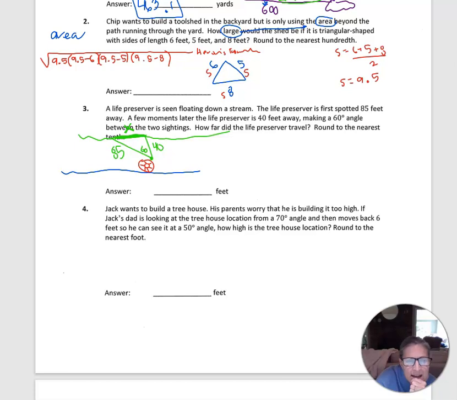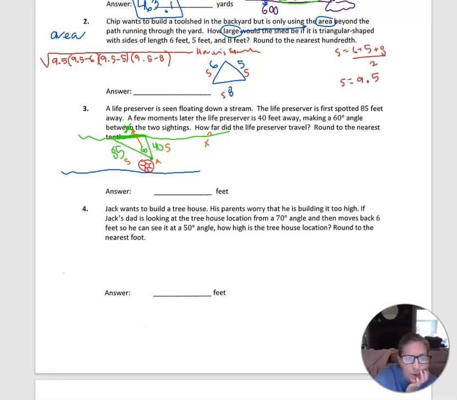Okay. Let's see what we have. We have side, angle, side. We have a side, we have an angle, and we have a side. We're going to use the law of cosines. Now notice 60 is opposite X. So if we're looking for side X, we've got to use the law of cosines.